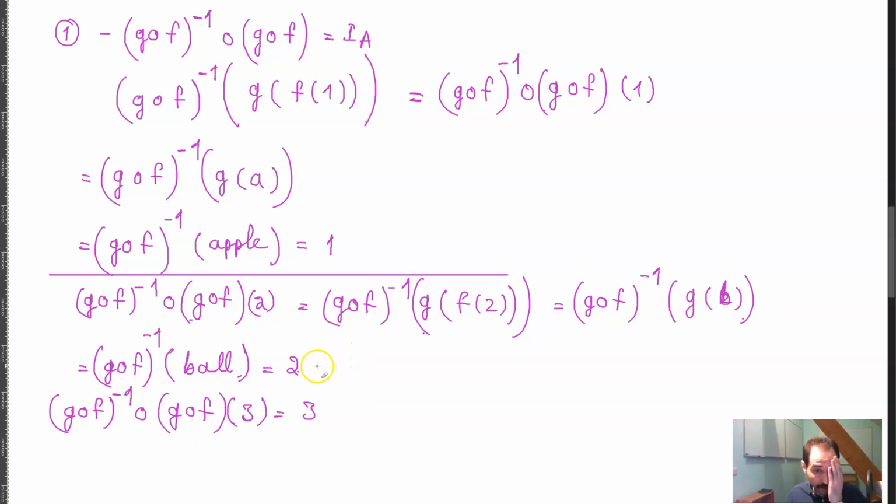So that means that this function over here, (G∘F) inverse composed with G∘F, is the identity function on the set that contains these values 1, 2, and 3.